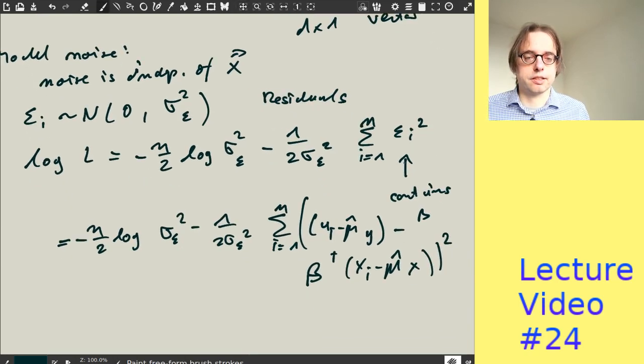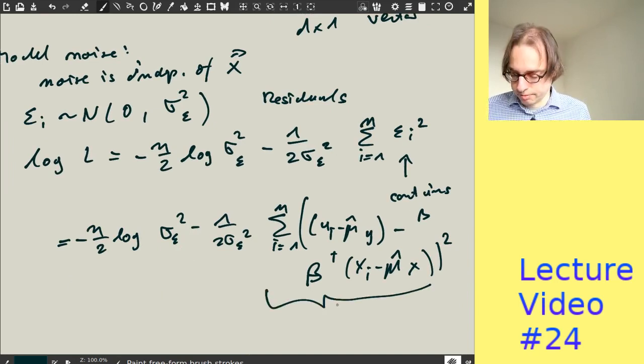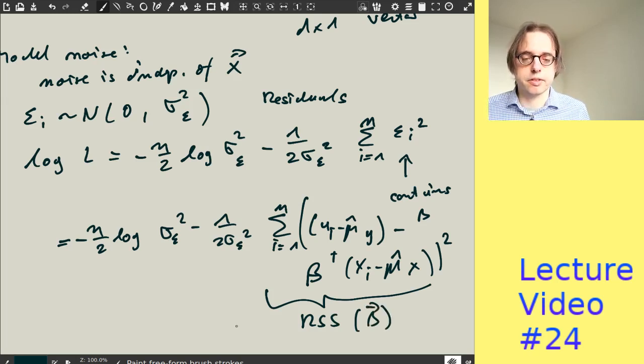This is just the definition of epsilon, and it turns out that this thing here is simply what we had before in the OLS. So this is our residual sum of squares, the OLS residual sum of squares.